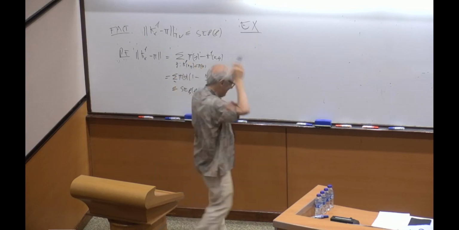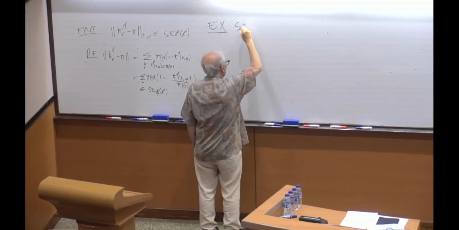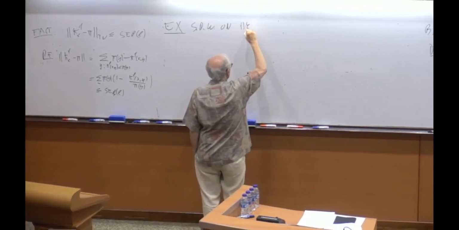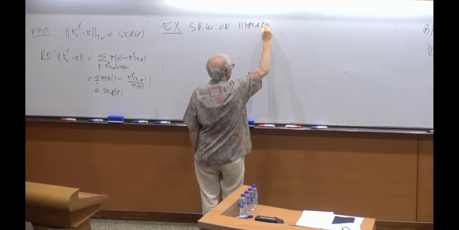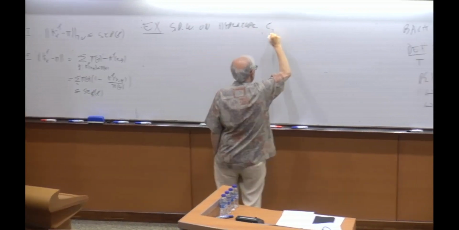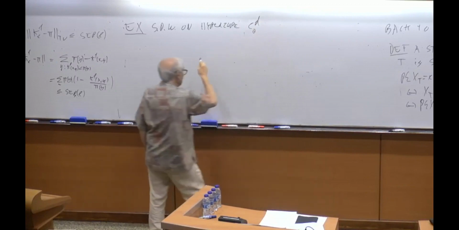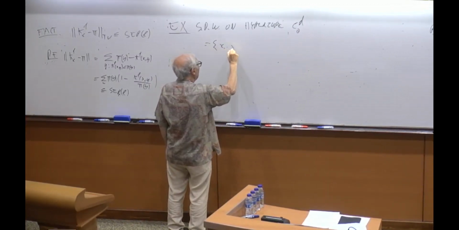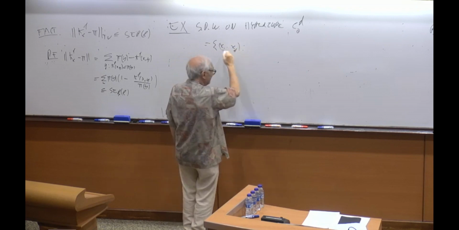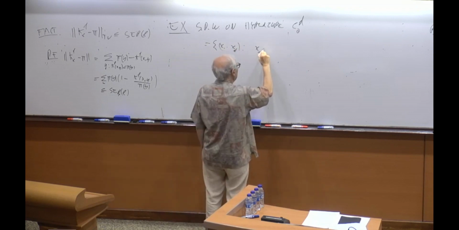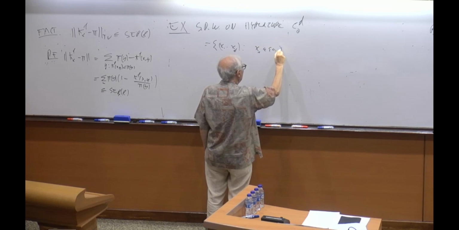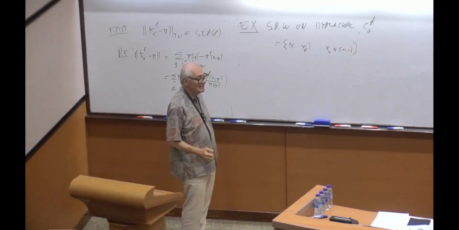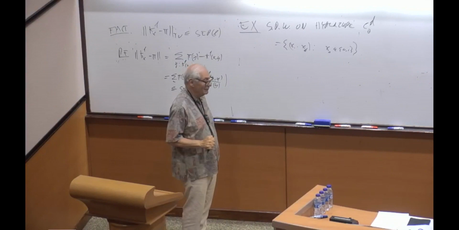This is a simple random walk on the hypercube, C2 to the D, so that's the set of all x1 up to xd, such that xi is contained in 0 or 1, all binary D-tuples. I'm going to be lazy only in the interests of time.